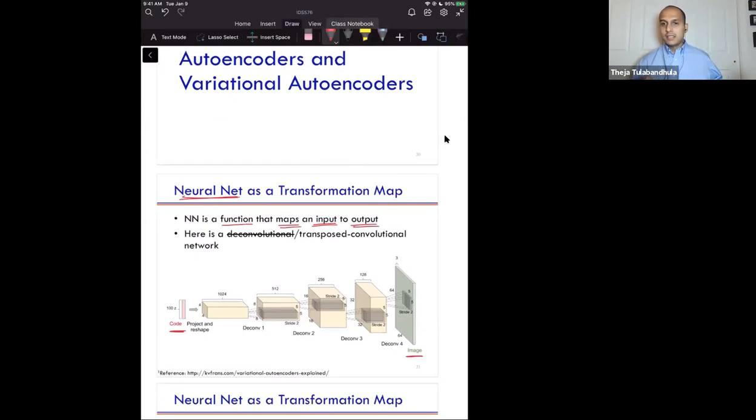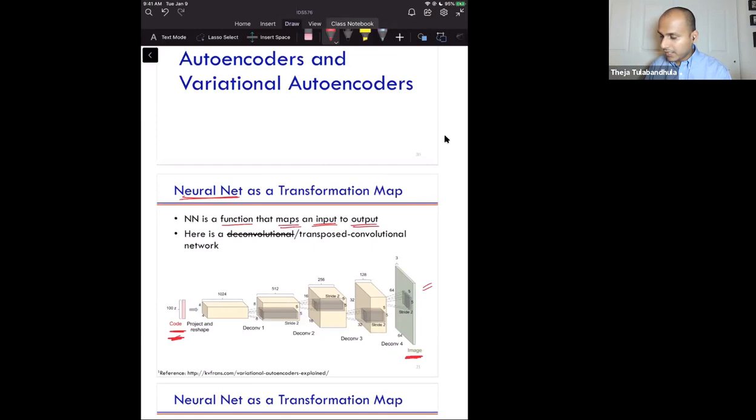At first it may seem, how is it possible? Because an image may have more numbers than the input code, but at the end of the day, it's actually a transformation, right? It's going from an input to an output, and so it's possible. And to do so, you again think in terms of tensors.